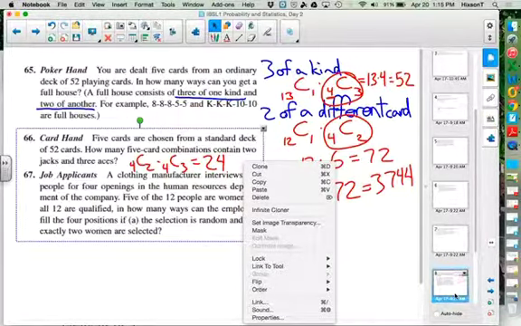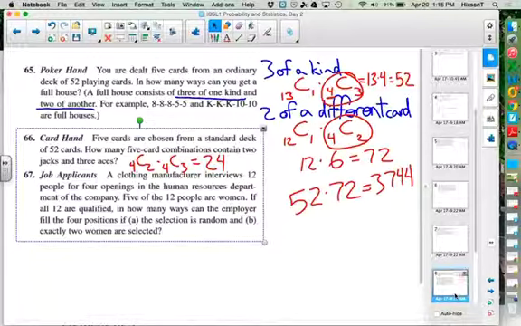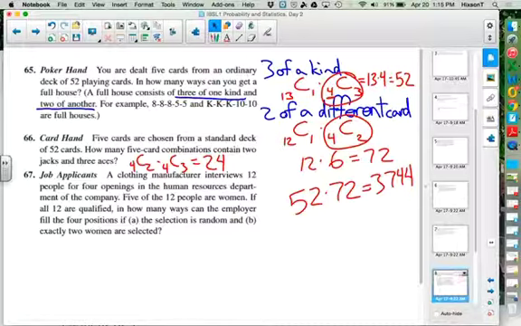Well, 24 out of the 3,744 possible full houses are going to be 3 aces and 2 jacks. Okay? But you can't figure out that probability until you can figure out the number of possible combinations. So there's a lot going on here that we have to work through. All right? Final call for questions.